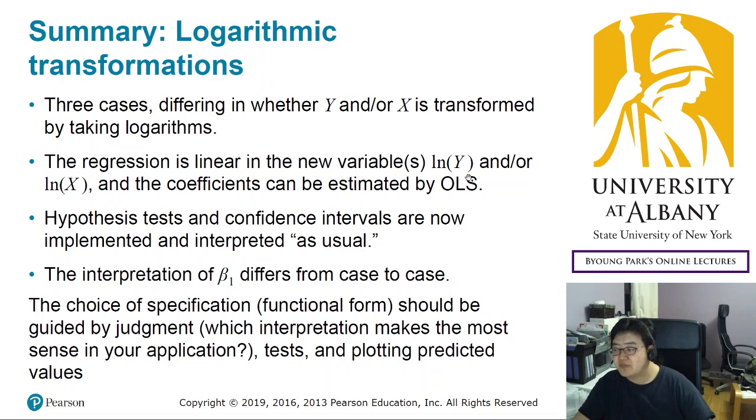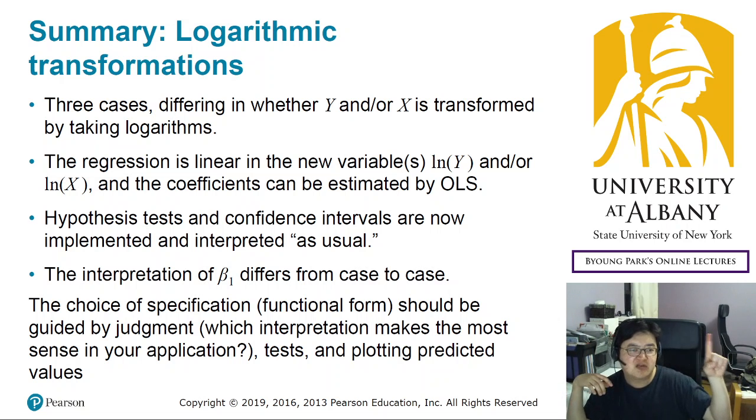So, summary. There are three cases: linear log, log linear, log log. And the interpretation should be careful. The key idea is that a 1 unit increase in log is equivalent to a 100% increase in the underlying variable.